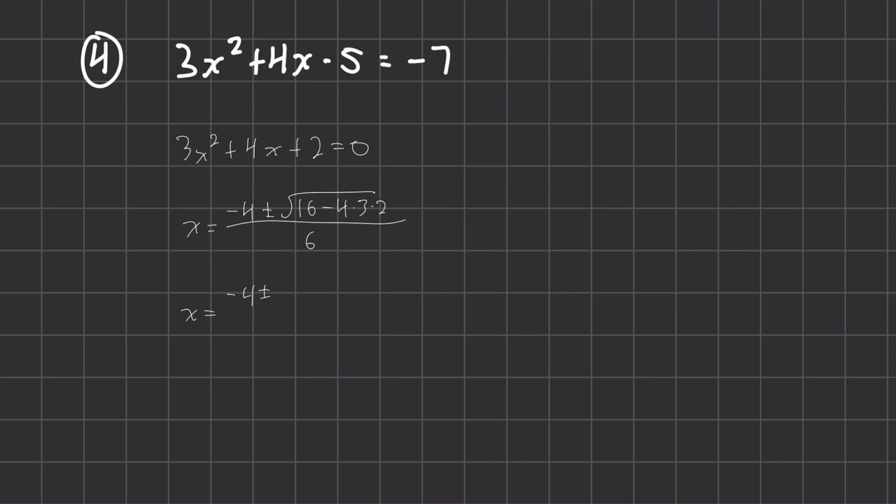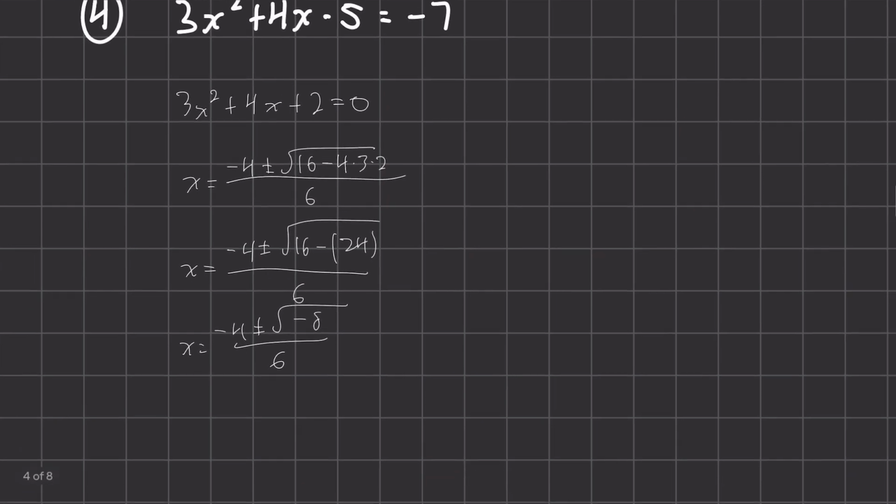Alright, so now we just go ahead and simplify all of this. So 4 times 3 times 2 is just going to be 24 over 6. Now, what you'll actually notice here is you get a negative number inside the square root. Therefore, we have a complex solution.